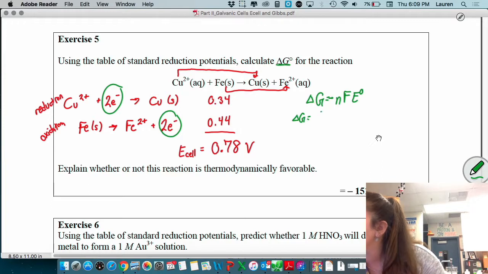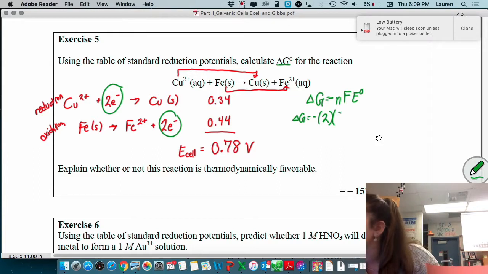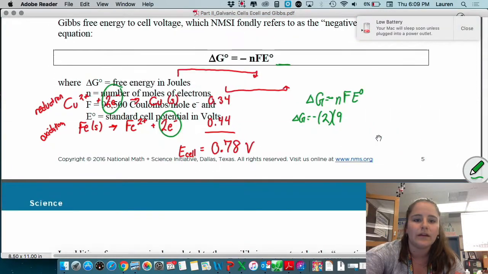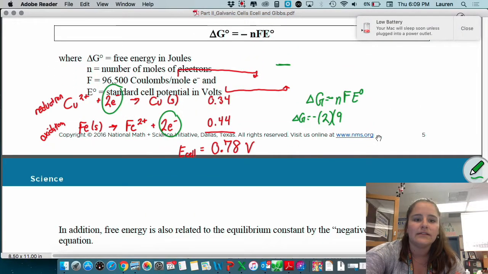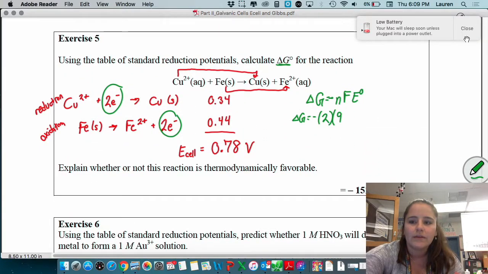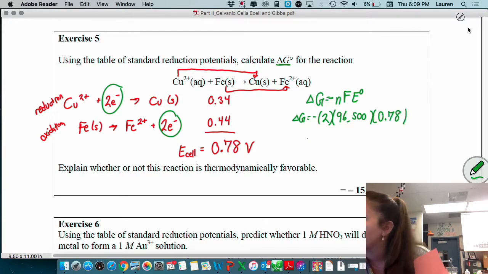So delta G equals negative 2 times Faraday's constant, which we just gave you. It is 96,500 coulombs per mole. How many moles? 2 moles. Times our E cell, 0.78.